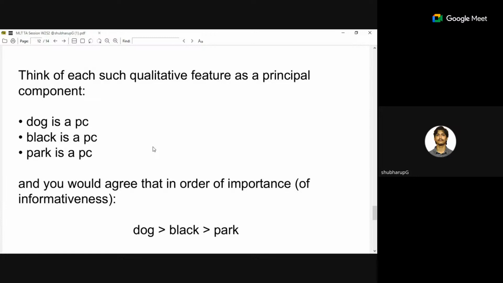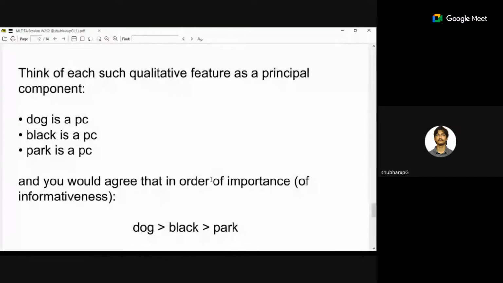Dog is a principal component. Black is a principal component. Park is a principal component. And you would agree that in order of importance, of informativeness, it's a picture of a dog first. Then we should specify that the dog is black. And then we should specify that the black dog is in the park. Do you all agree on this? Yes.